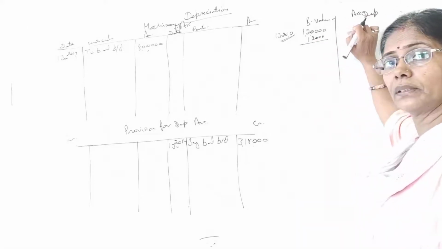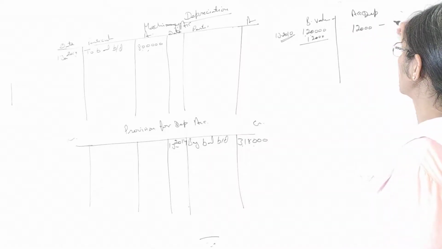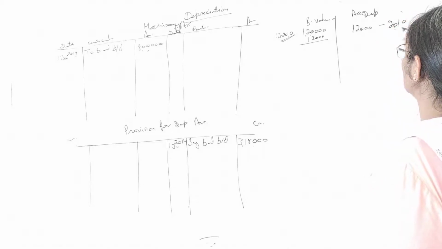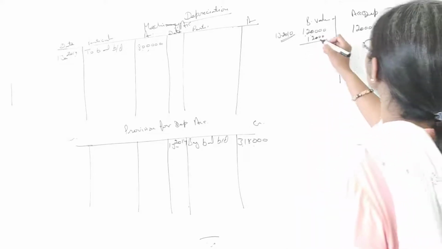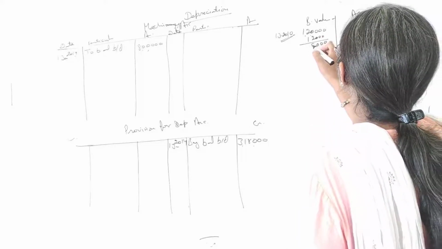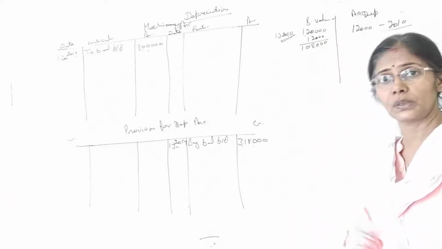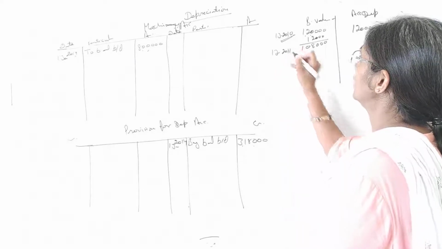Depreciation we have provided in this year? 12,000 is the depreciation for this year. This is 2010 का depreciation. Okay, 12,000. Now what is the value remained? Now you have a value 1,08,000. On which date? 1st January 2011.